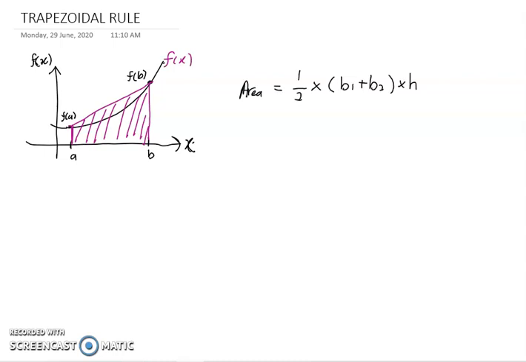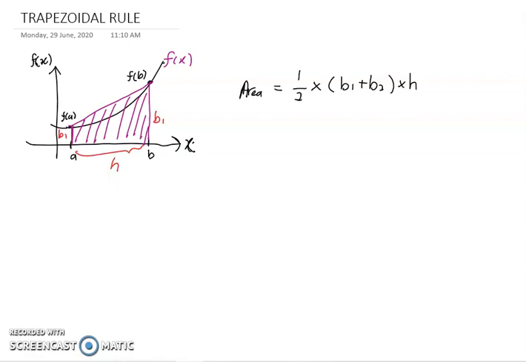As we all know, the area of a trapezoid is given by the formula 1/2 times the total length of the parallel sides times the height of the trapezoid. From this illustration, this is the b1, this is the b2, and this is the height of this trapezoid.